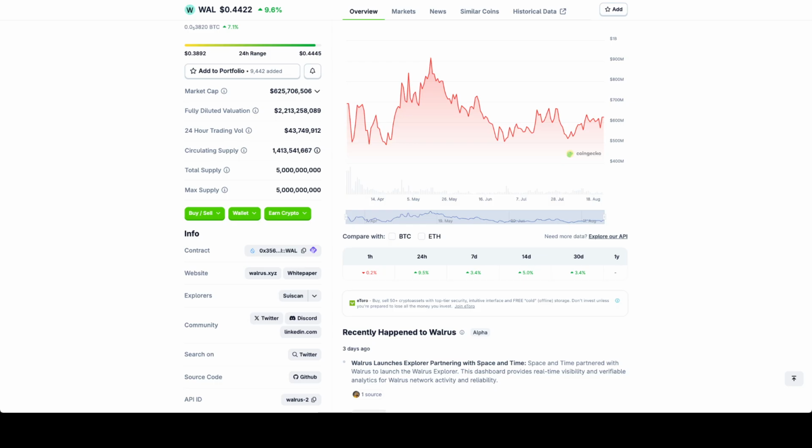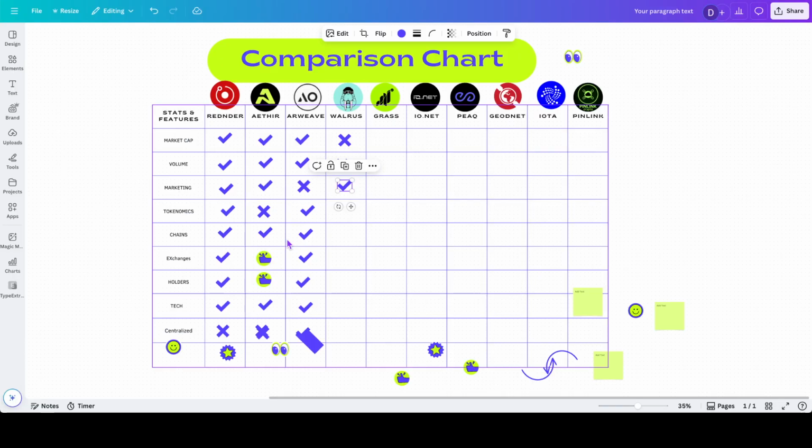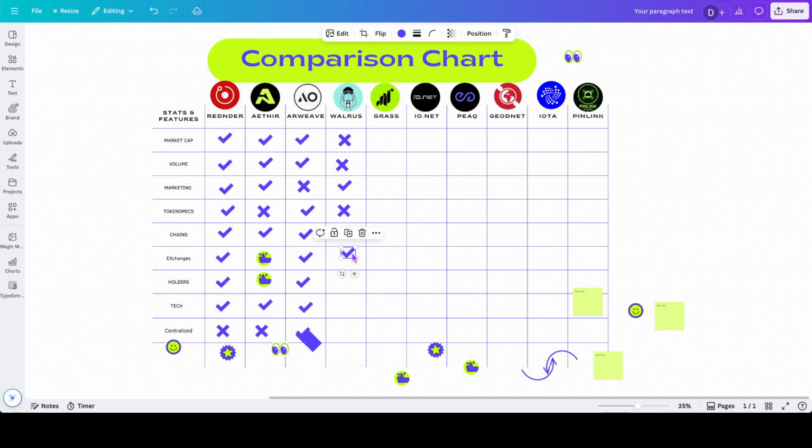Tokenomics, at the end of the day, fully diluted is 2 billion. I think for me, it gets an X in the tokenomics, right? Nobody can argue with that. There's dilution there. Chain, it's its own chain, it can go multi-chain, but this is a SUI specific project. Exchanges, top tier exchanges. Holders, we've just checked the holders.